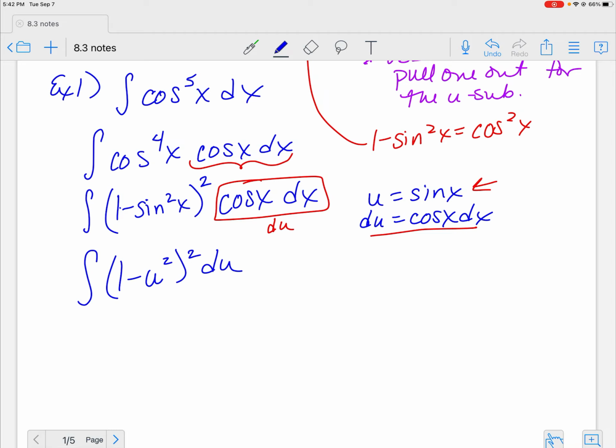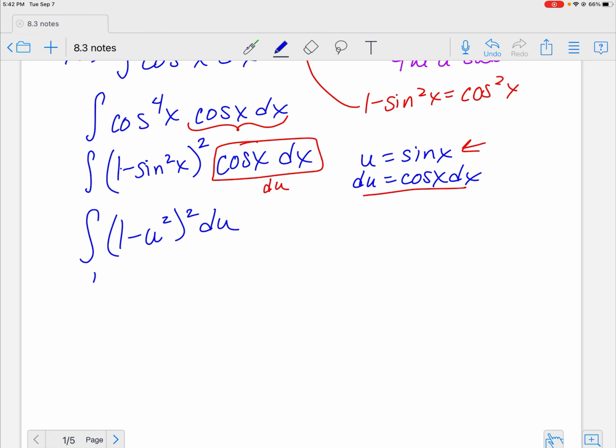Polynomial, yo. So yes, these are trig integrals. However, we're going to do a u sub and put this in terms of polynomials, and then we can just do our basic polynomial integration. Multiply that out. It's squared, so 1 minus 2u squared plus u to the 4th du. Square the first term, multiply those together by 2, square the last term.